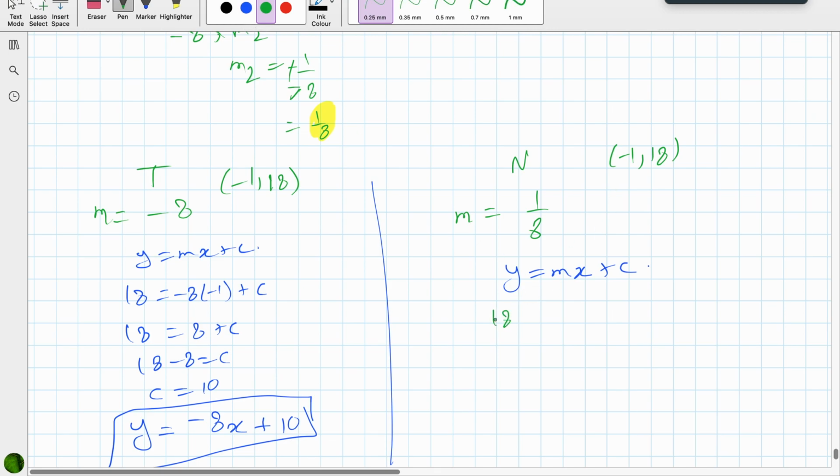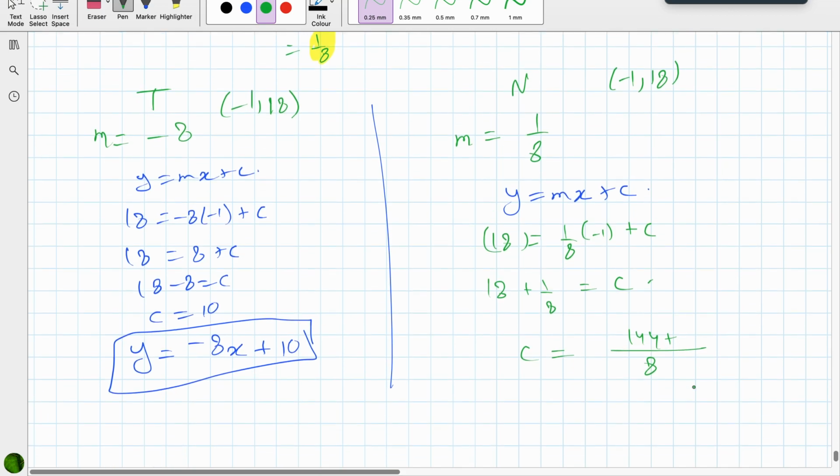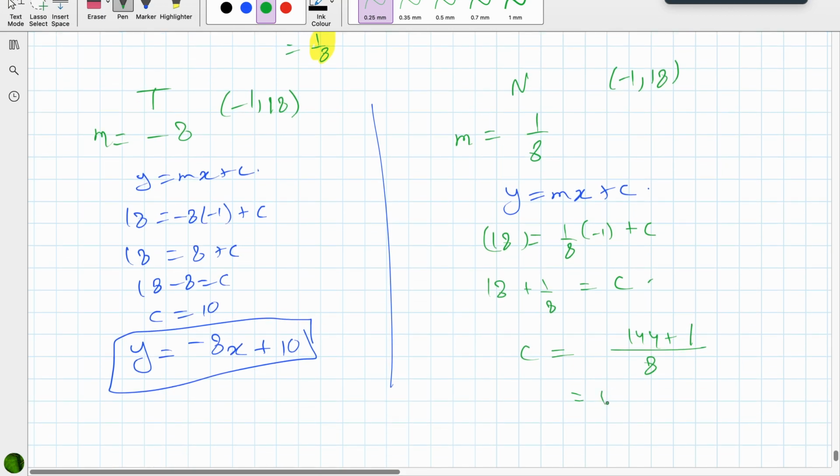Second, y equals mx plus c. y is 18, m is 1 by 8, x is minus 1, plus c. So 18 plus 1 by 8 equals c. So c equals, 18 into 8 is 144, plus 1, 145 by 8.